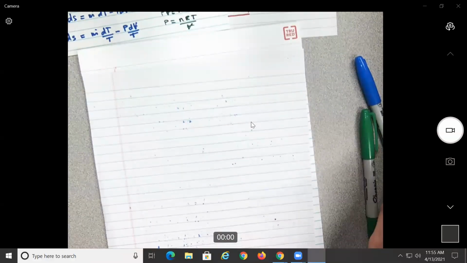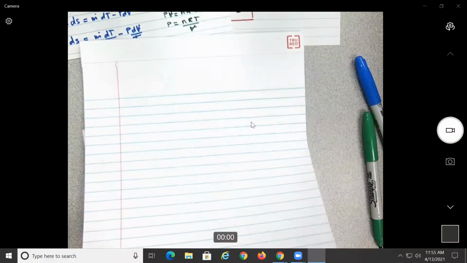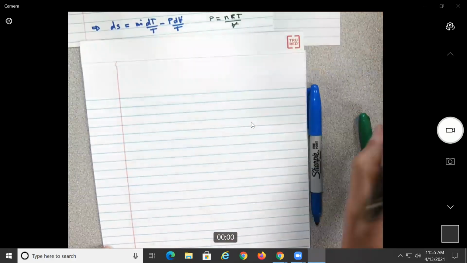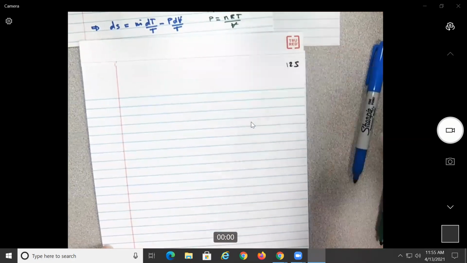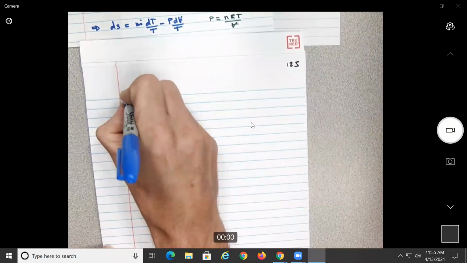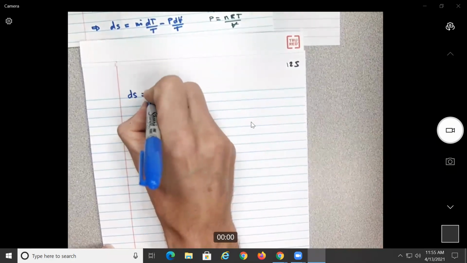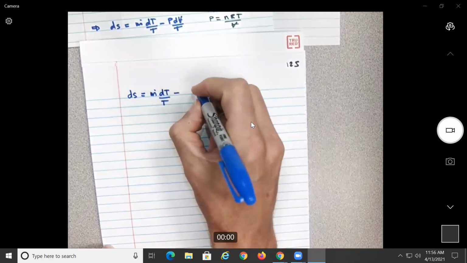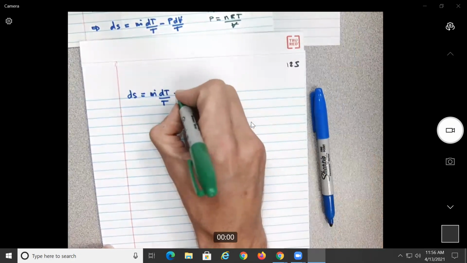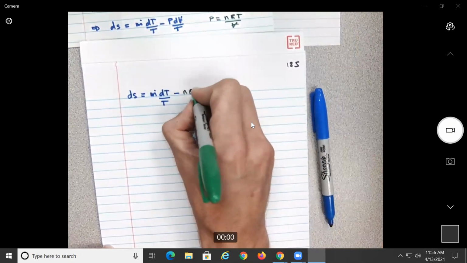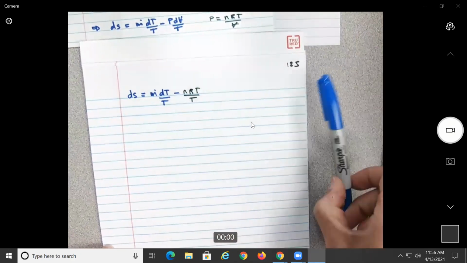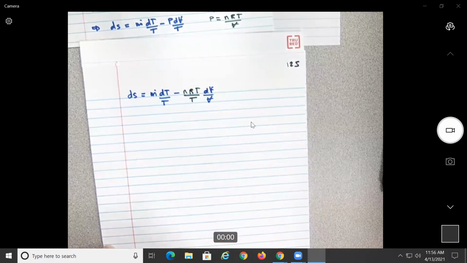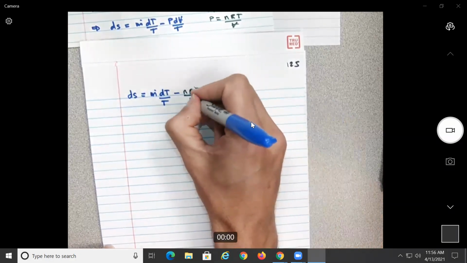So this will give you that the change of entropy is equal to m dot dT over T minus nRT over T dV over V. So you see the T's cancel out.